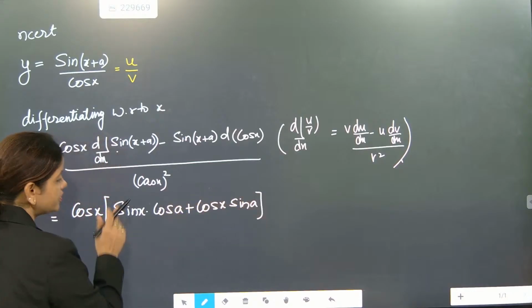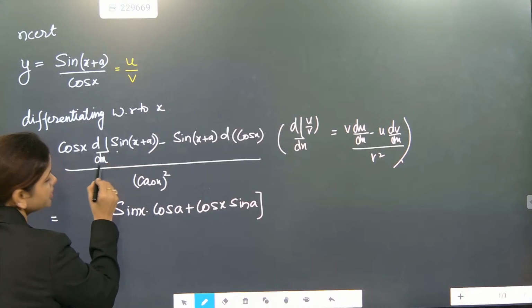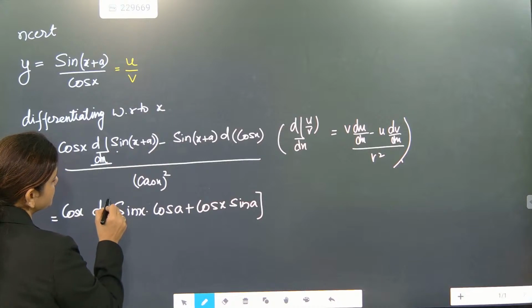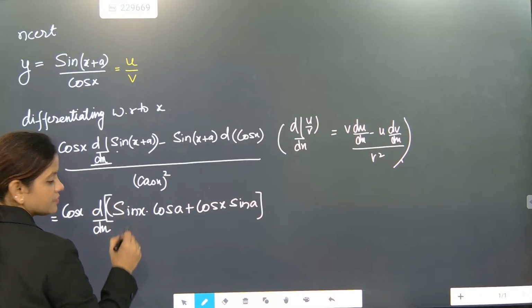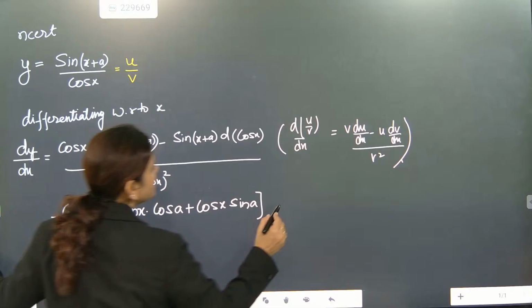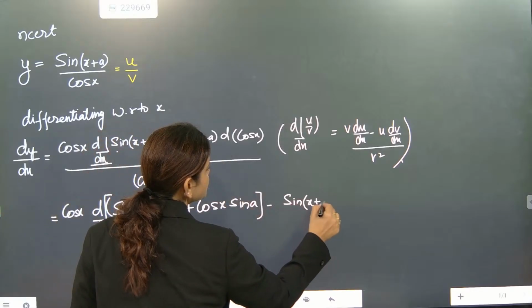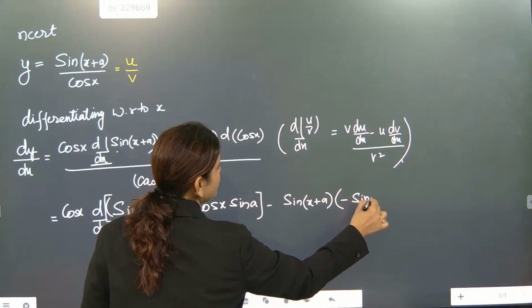Understood? So here the differentiation part has to be done. cos x will be left as it is, and this section is differentiated. And then here minus sin(x plus a), and here the differentiation of cos x will become minus sin x.